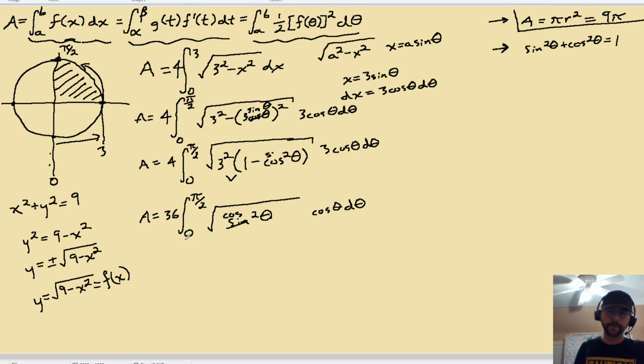So now when we take the square root of cosine squared theta, we're going to get cosine of theta. Cosine of theta times cosine of theta is cosine squared of theta. So area equals 36 times the integral from 0 to pi over 2 of cosine squared theta d theta.